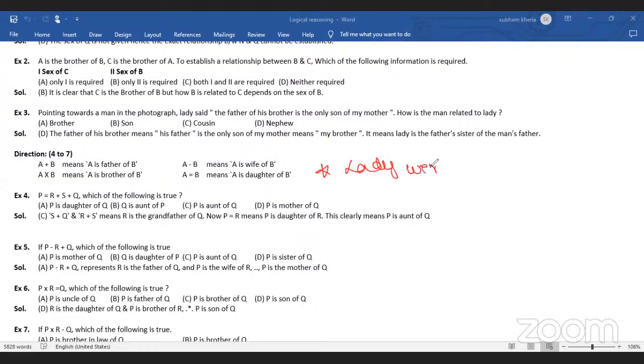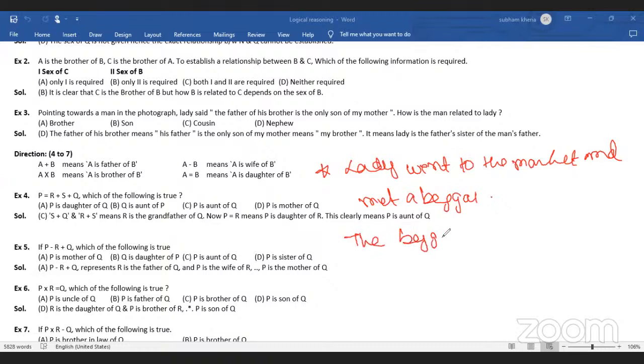A lady went to the market and met a beggar. The beggar says that lady is his sister.